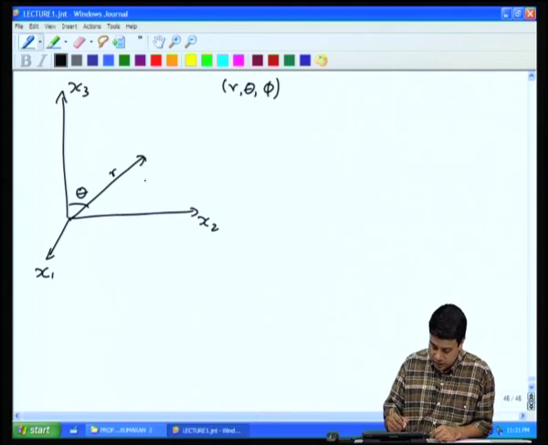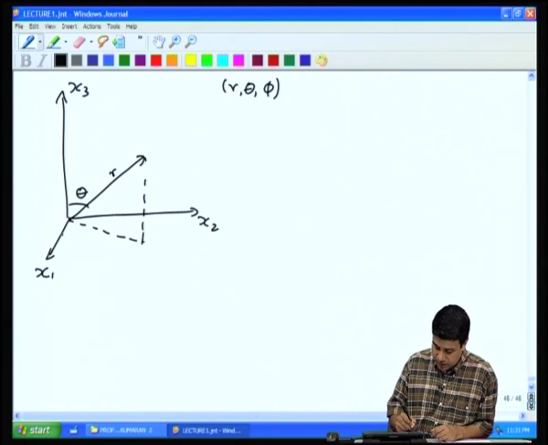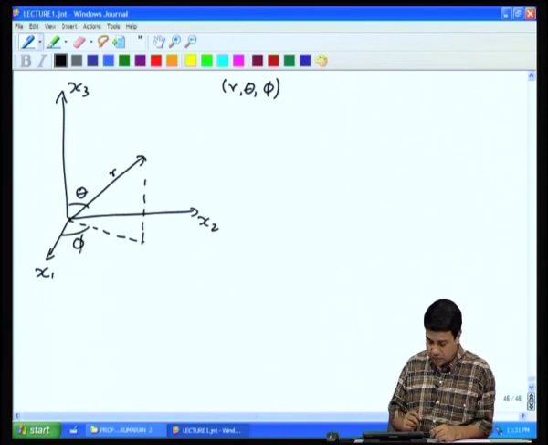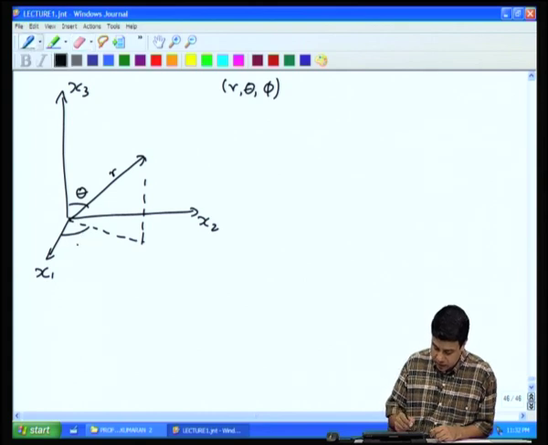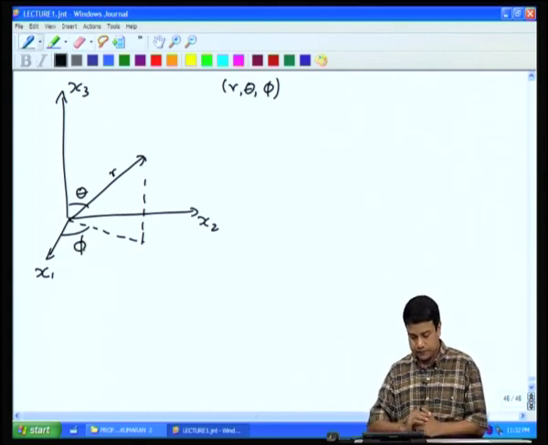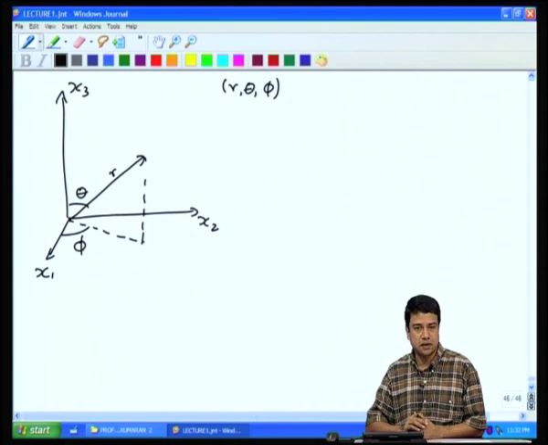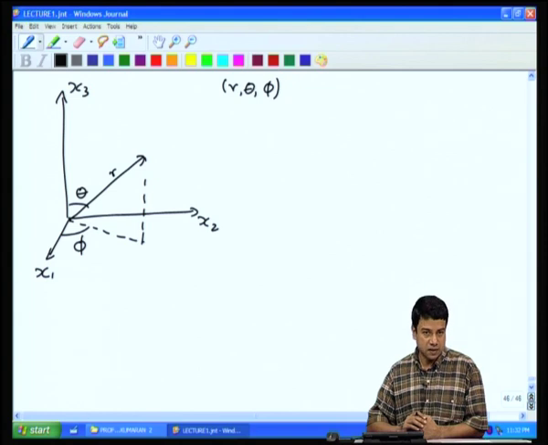Phi is the angle in the xy plane made by the projection of the radius vector onto the xy plane. So, those are the three coordinates r, theta and phi. Note that r is a distance, while theta and phi are angles, so they are dimensionless.